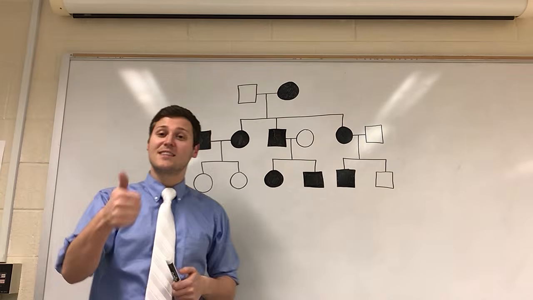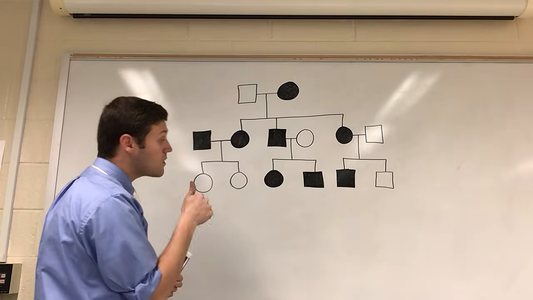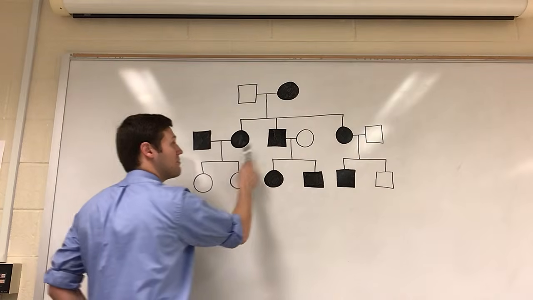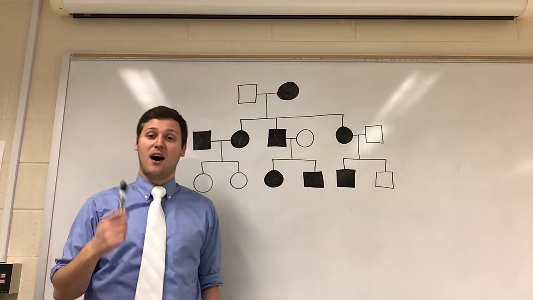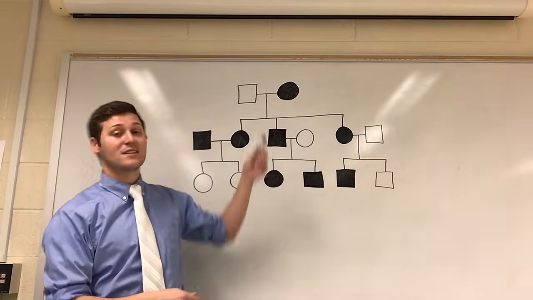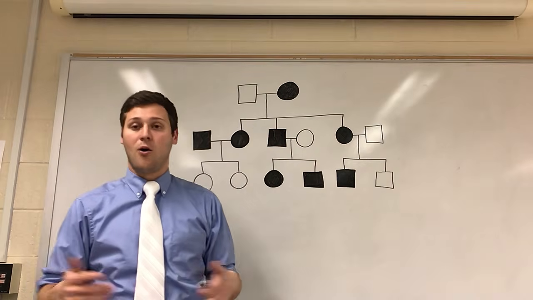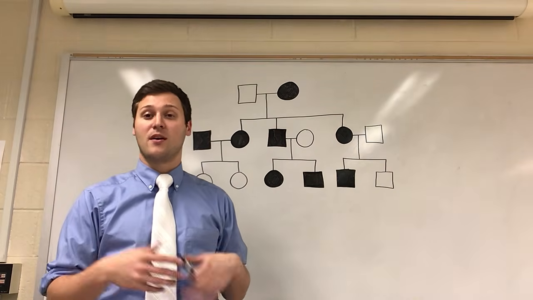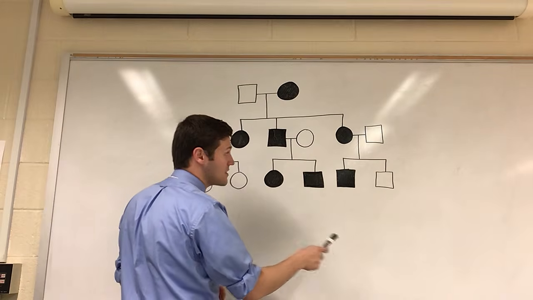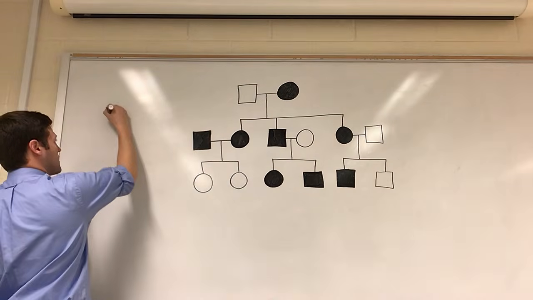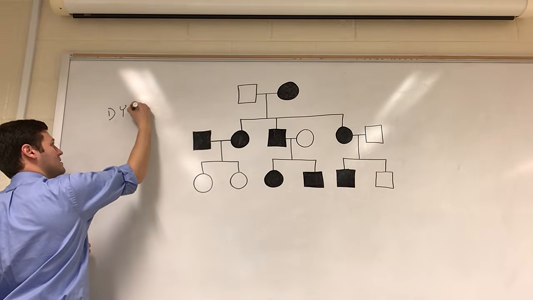Let's first say, is it Y-linked? Well, it's not Y-linked because we see some affected females. Since females are XX, having this many affected females would be almost impossible if it were a Y-linked trait. So we can eliminate Y-linked. So I'll put these steps over here. Y-linked.